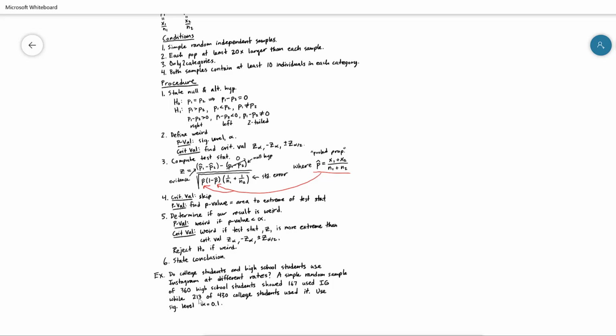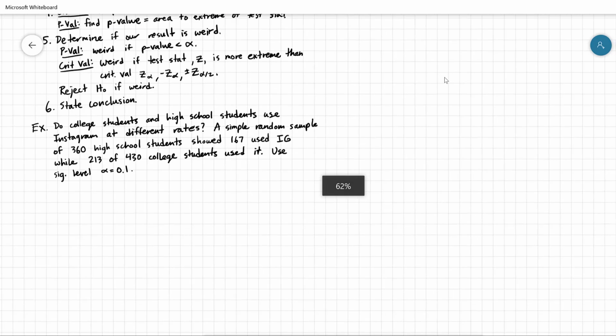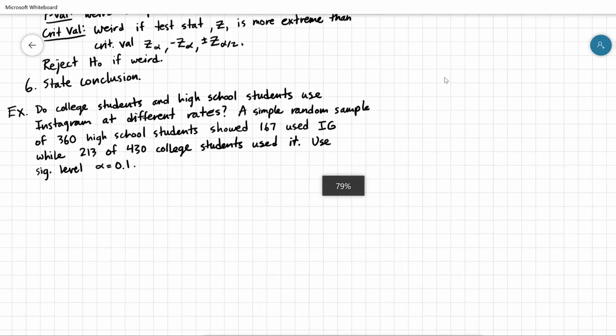And similarly for college, 213, that's definitely more than 10. And the remaining number, 210-ish, 215-ish, did not. Both of those numbers are bigger than 10. So we've met all four of our conditions up here. We can proceed with our procedure. Let me zoom back in here.